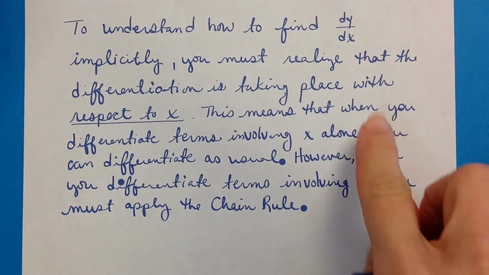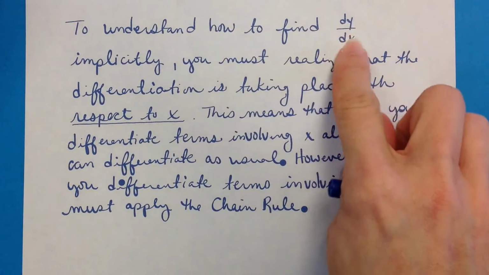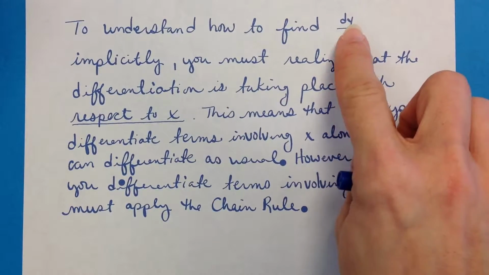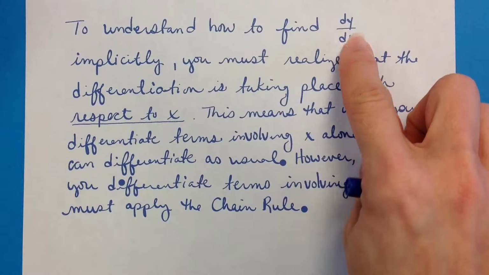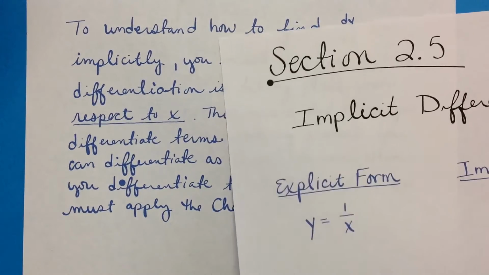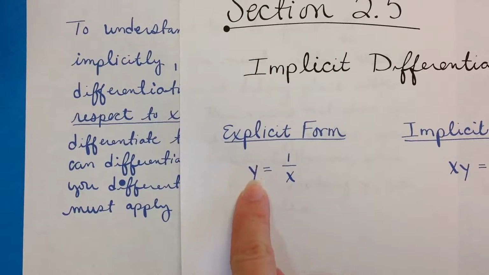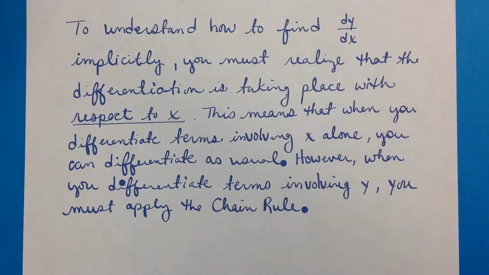When we first started talking about notation for derivatives, the way I had explained this notation is that you're taking the derivative of y, but with respect to x. That would be with it in the explicit form, which is the way all of your problems have been up to this point. You're taking the derivative of this y function with respect to x, because that is your only variable that you're dealing with in those functions.